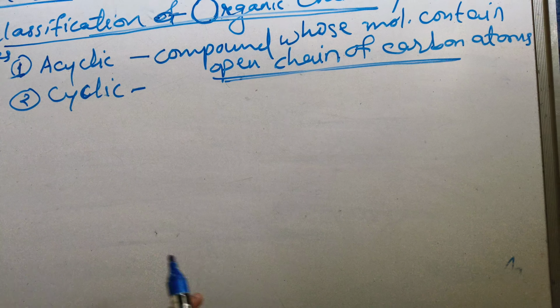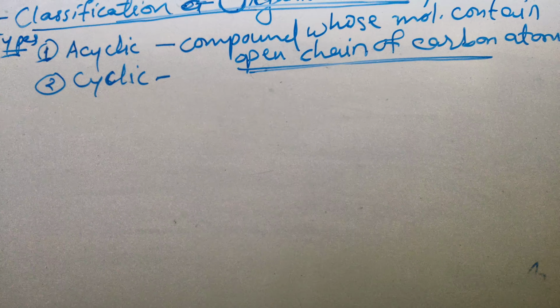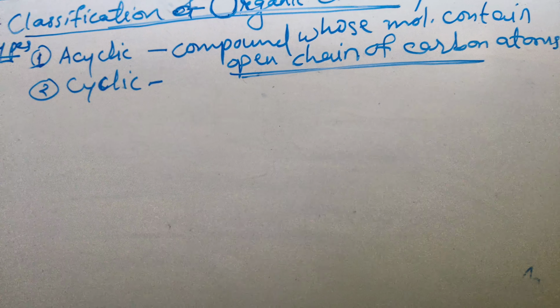What is an acyclic compound? It's saying which have a chain made up of carbon atoms only.